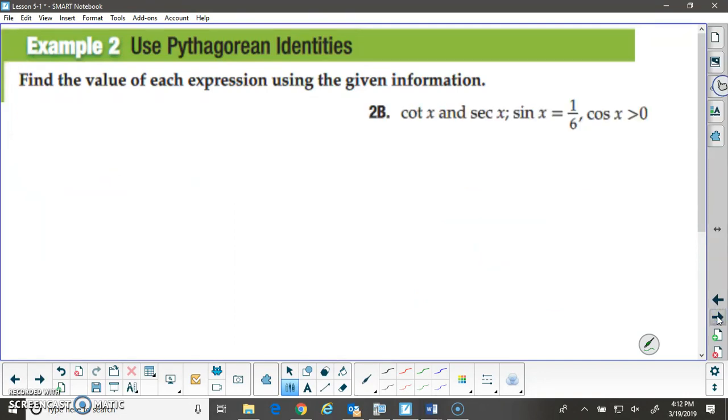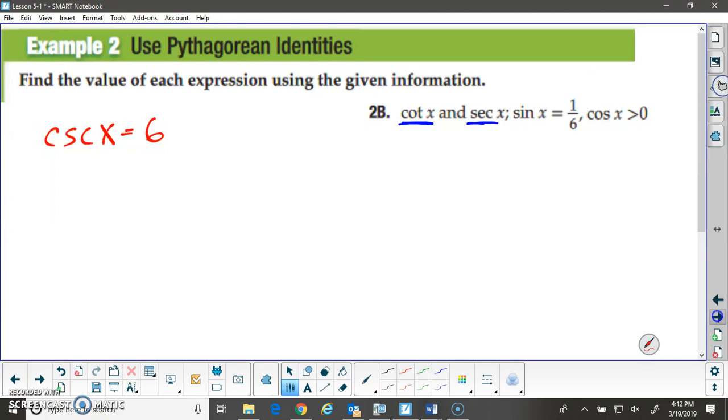Let's just do one more example. You can see that this wants us to find the cotangent and the secant, and they're giving us the sine. So I'm going to use the fact that the cosecant should be equal to 6, the reciprocal of 1/6.